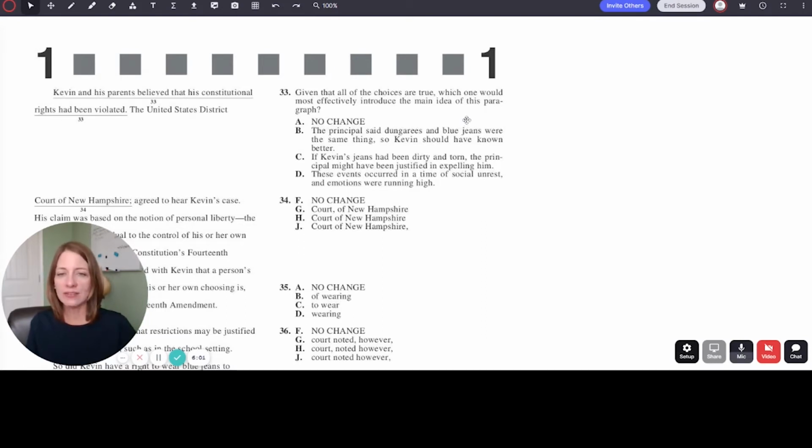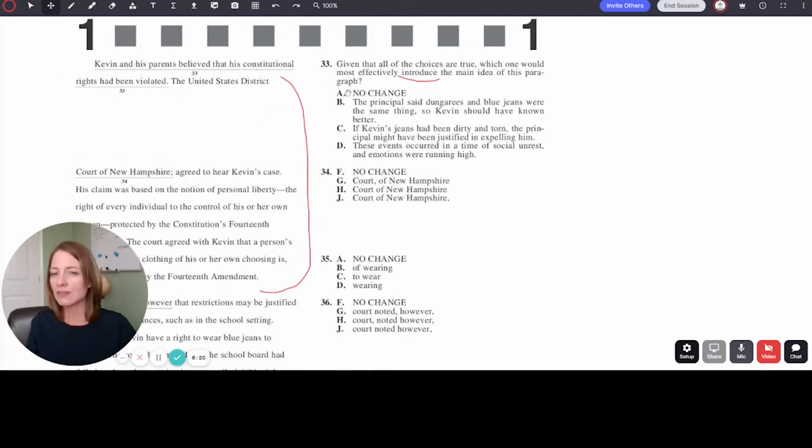All right. Given that all the choices are true, which one would most effectively introduce the main idea of this paragraph? Okay. So we got to consider the paragraph when trying to decide that. Okay. So I'm not even going to read the answer choices yet.